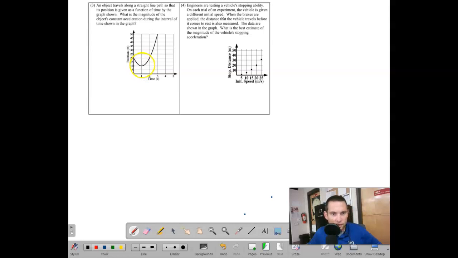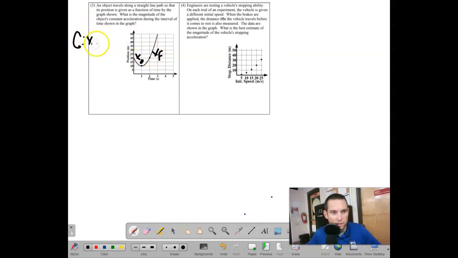points where we're accelerating pretty much seem to be from this point right here to this point right here, right? So this is our initial position, and this is our final position. So let's guess this thing and see what we've got.